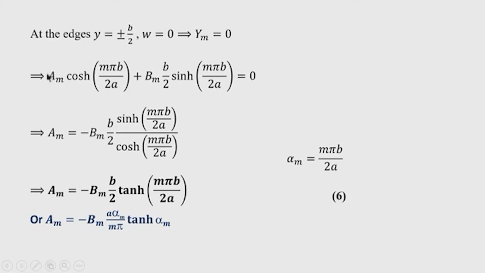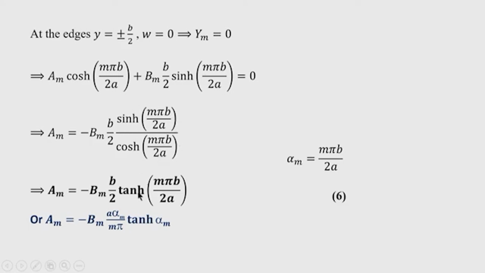Now, from that equation it is readily seen that A m can be expressed in terms of B m. So A m is now equal to minus B m, b by 2, sin hyperbolic m pi b by 2a over cos hyperbolic m pi b by 2a.